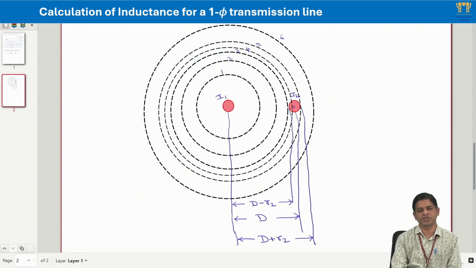So these would be the observations from this single phase transmission line.